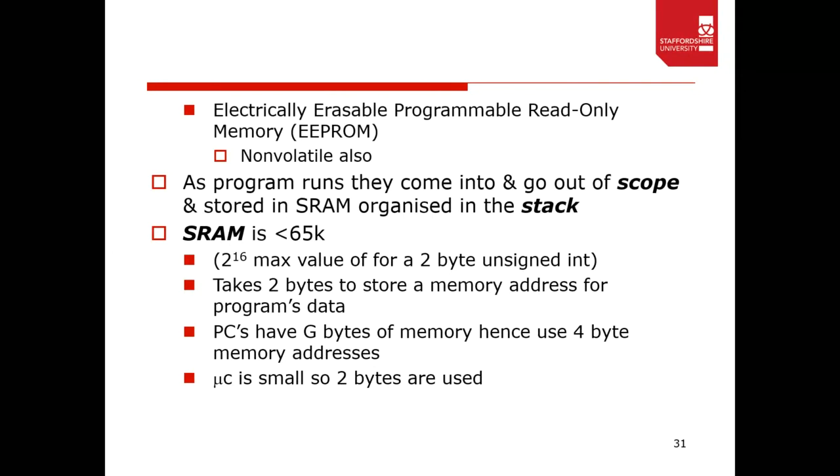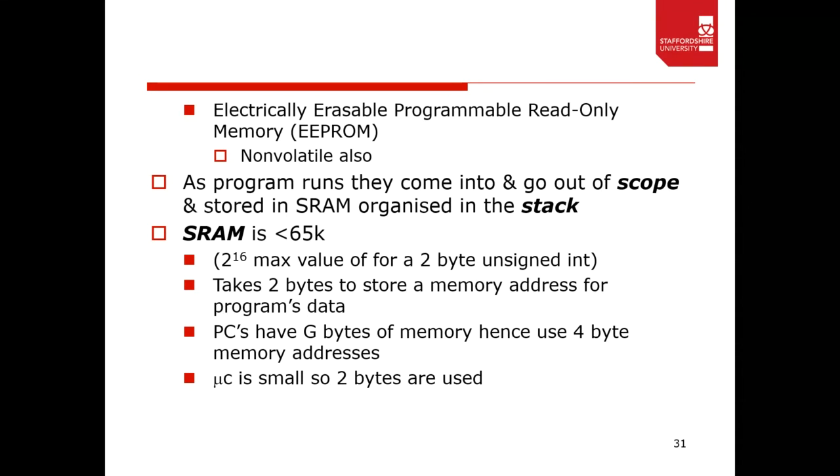You've got the EEPROM, the electrically erasable programmable read-only memory, and this is non-volatile also. So as a program runs, variables come into and go out of scope and are stored in SRAM and organized in the stack. The SRAM is less than 65K.